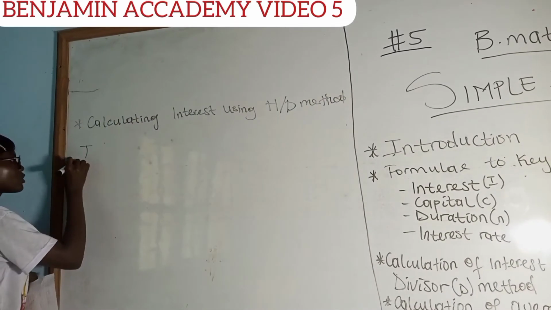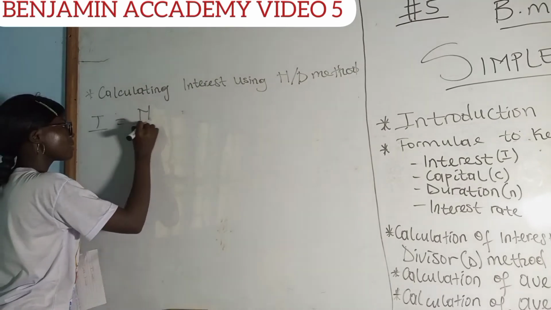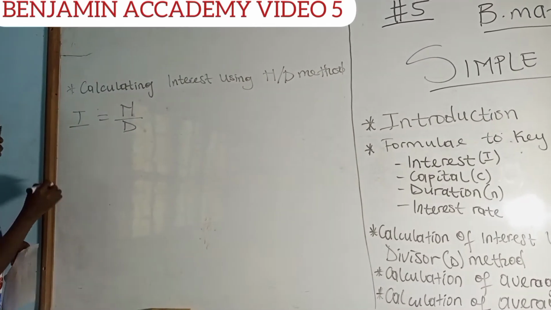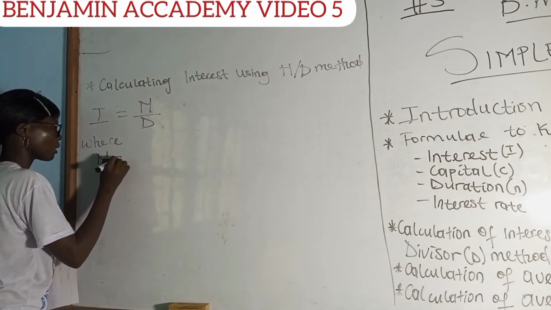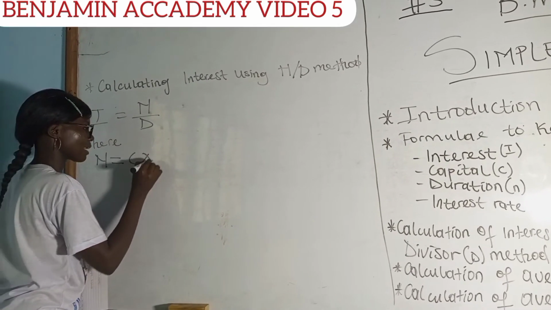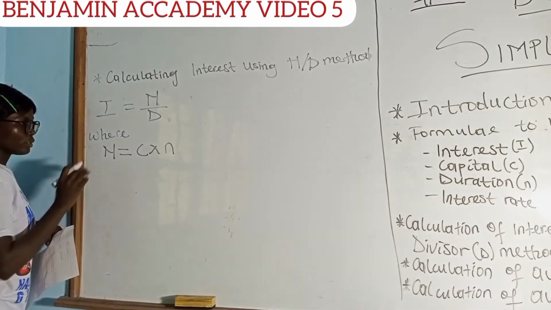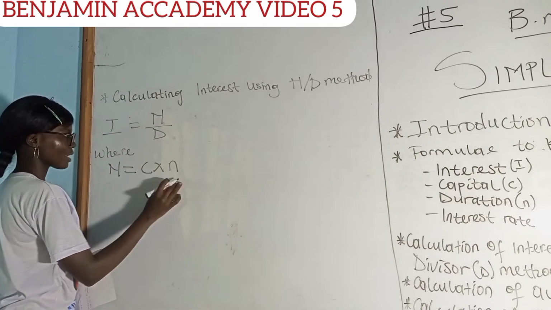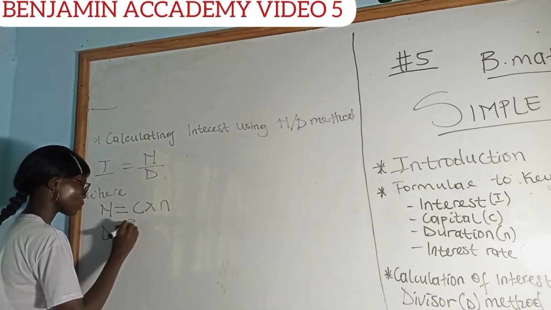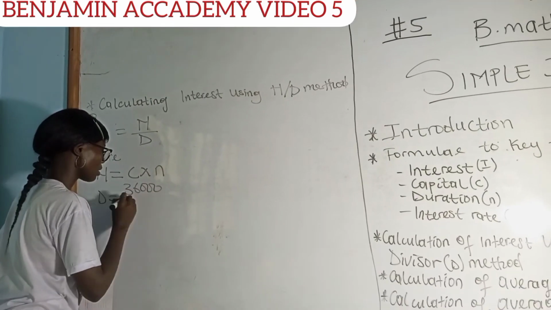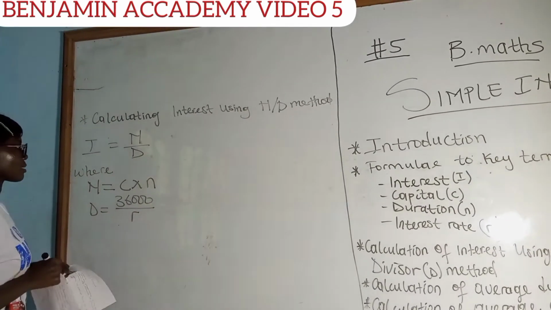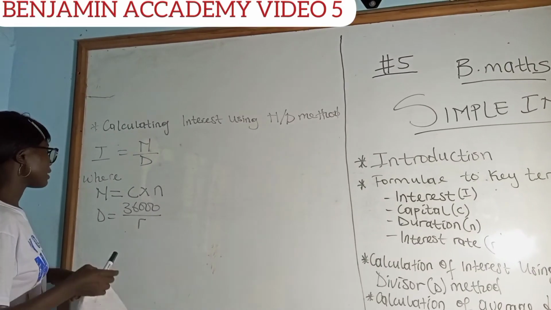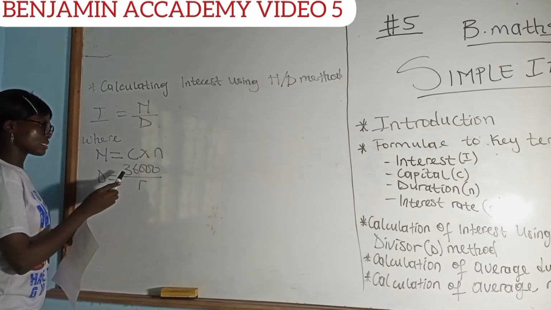So we'll say interest is equal to number divided by divisor, where number is equal to C times N, and your divisor is equal to 36,000 divided by R. It will depend on how the N is given.